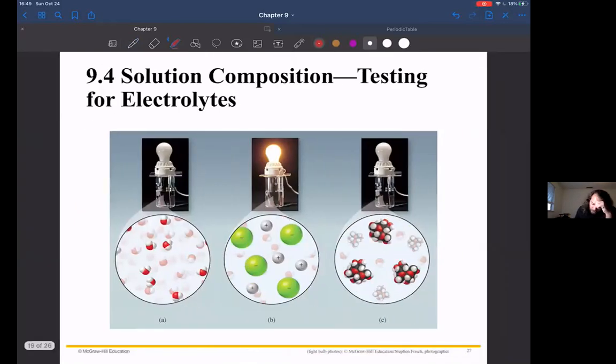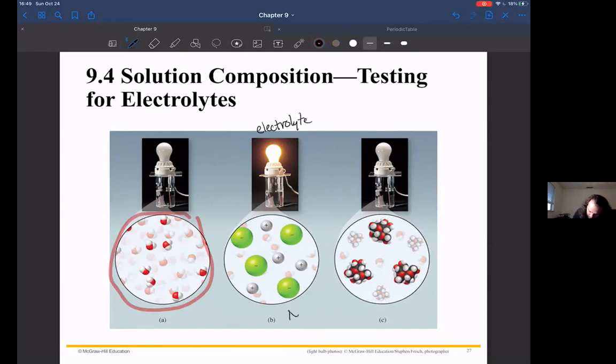Here is this light bulb, and it is going to turn on if the solution conducts electricity. Water all by itself does not. That's what's pictured here. If you dissolve a salt in there, this will become an electrolyte solution. And that does conduct electricity, so that's why that light bulb's turned on.